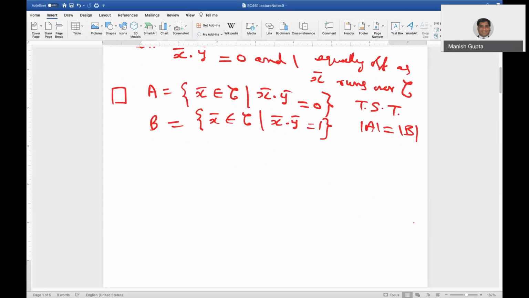So now what do we do? Our claim is that cardinality of A is the same thing as cardinality of B. This is what we want to show. So let U be an arbitrary code word in C such that U dot Y is 1.